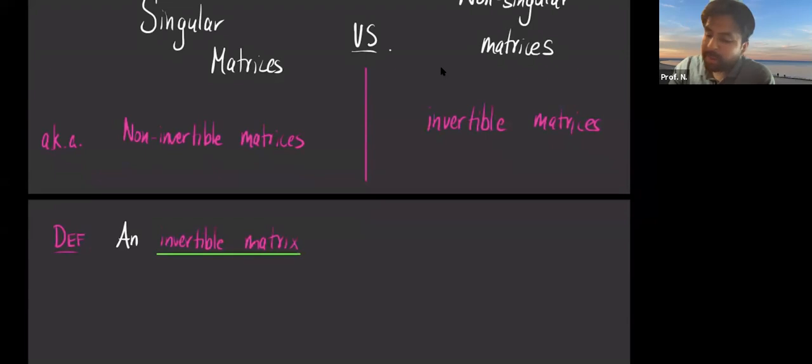This is going to become very important throughout the next few lectures. It's the idea of inverses, because with inverses, that's how we solve linear systems when we talk about the matrix equation.